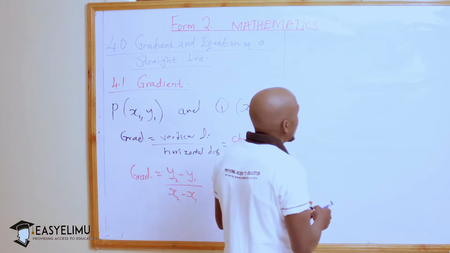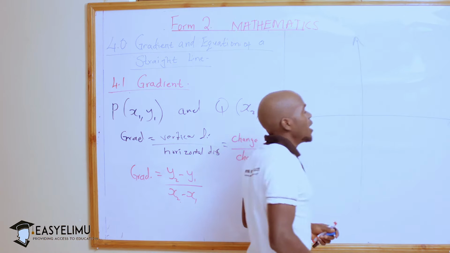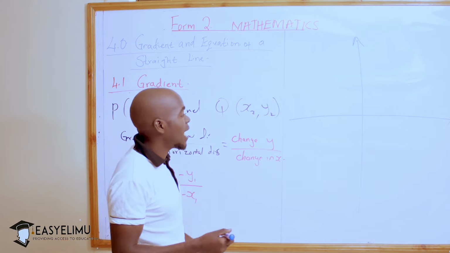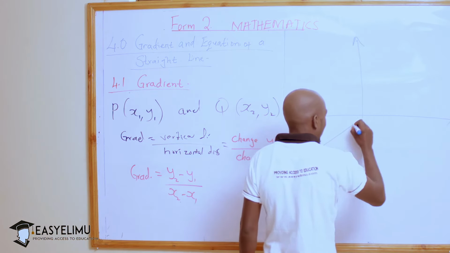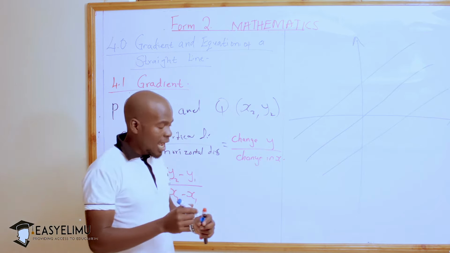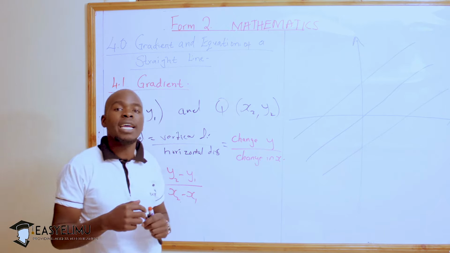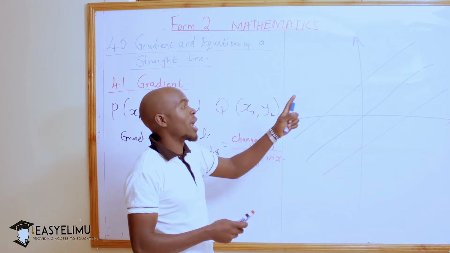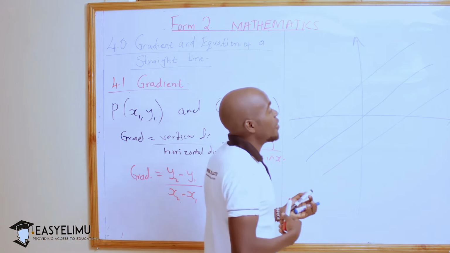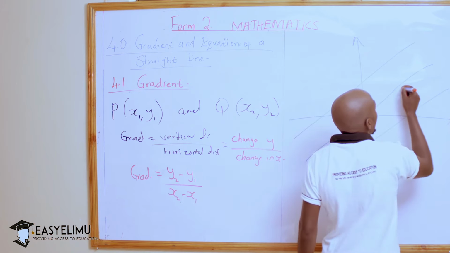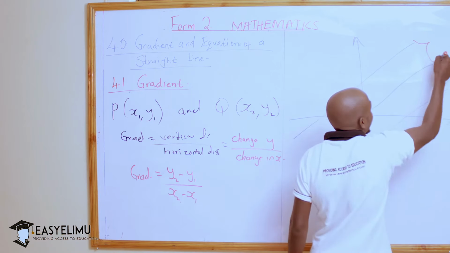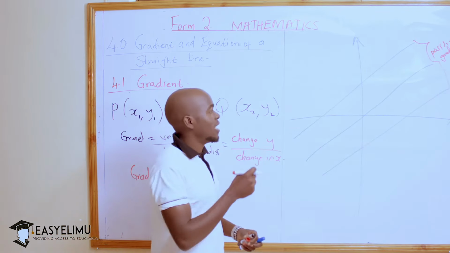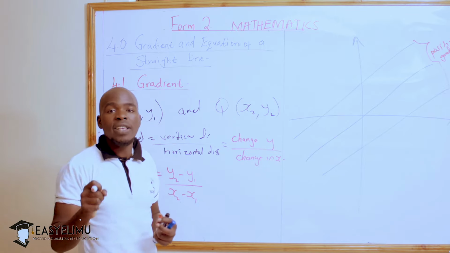For example, if we have a Cartesian plane with straight lines running in this condition, you will find that the lines which run from the left side to the right hand side will, on evaluation, have positive gradients, such that an increase in x also leads to an increase in y.